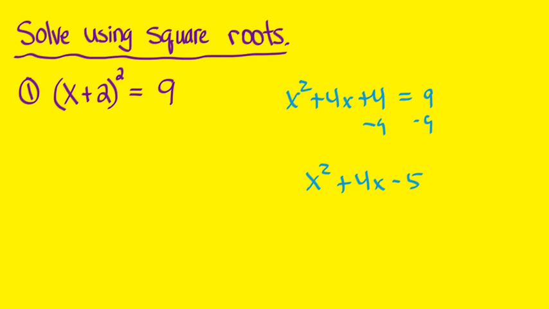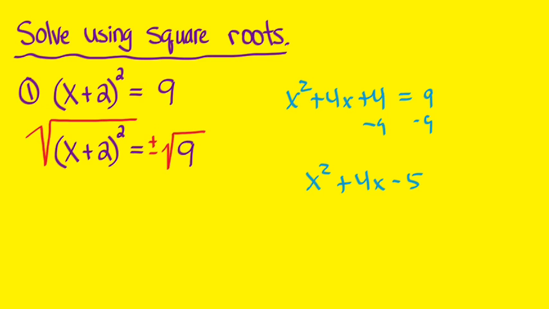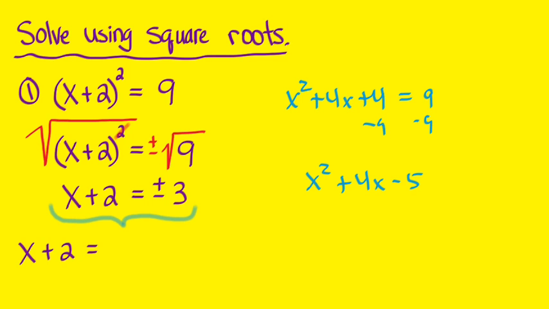The shortcut is I can square root both sides, and I get x plus 2 equals plus or minus 3. Now, I haven't all the way finished. I have to then subtract the 2 to isolate x, so I subtract the 2 from positive 3, and I subtract the 2 from negative 3.